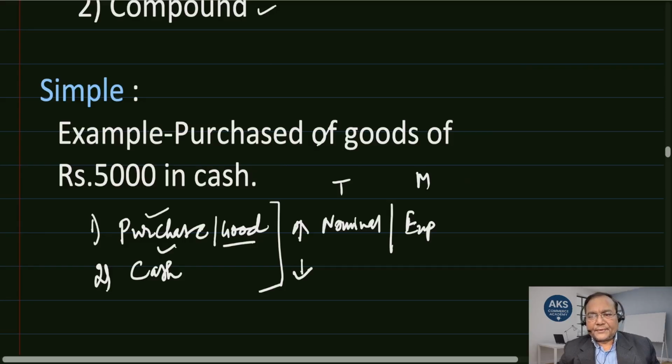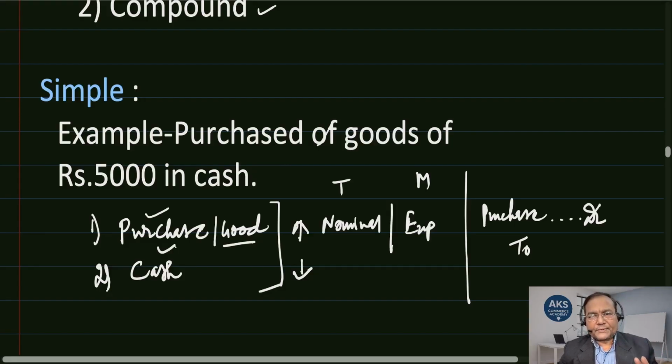Now as per this, because there is an increase in expenses or nominal account, we will debit this. So how is the entry going to be? Purchase debit to cash, because this is going out. So there is a decrease in cash because of this particular transaction.